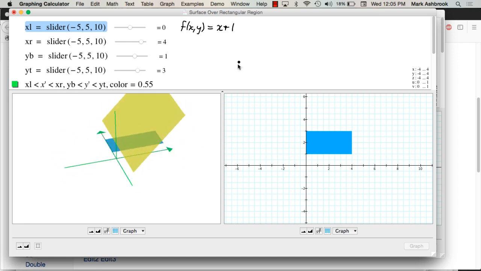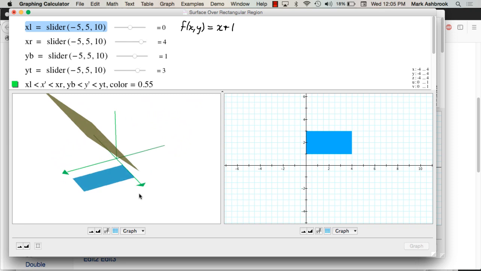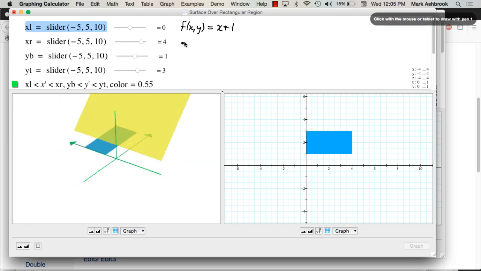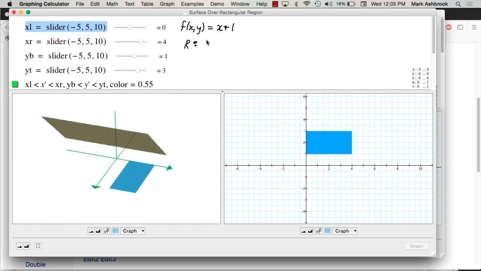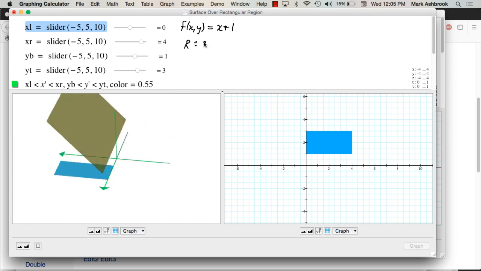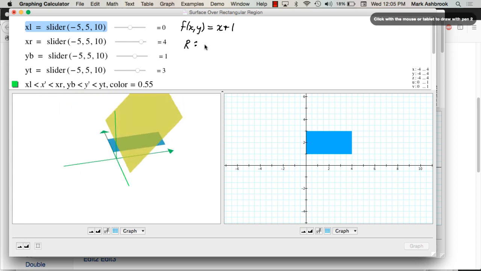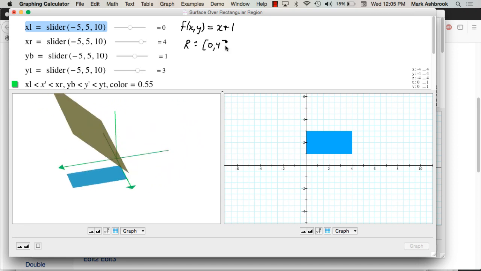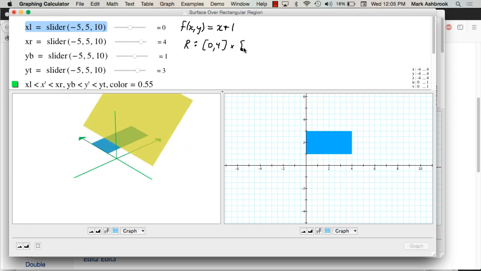And then our region is x from 0 to 4, and y from 1 to 3.